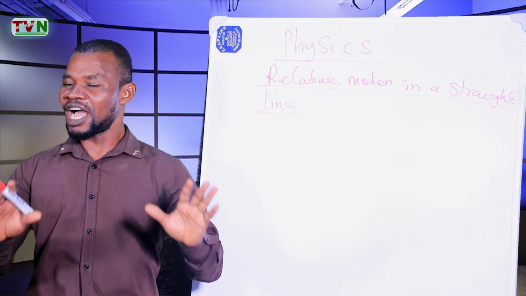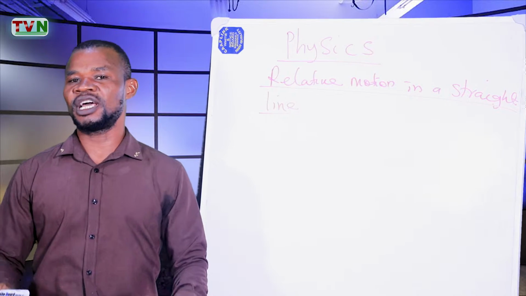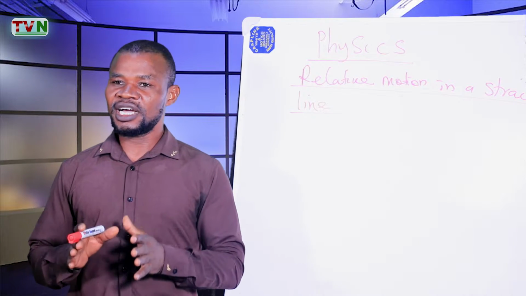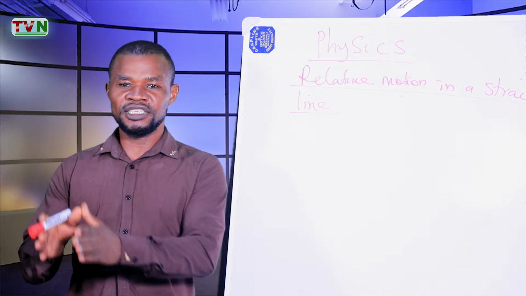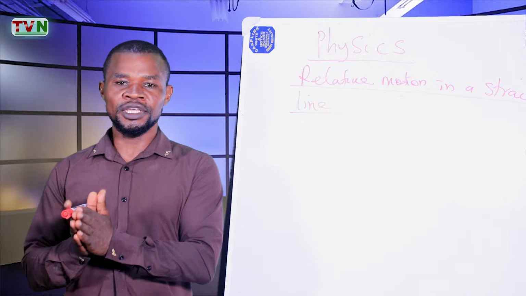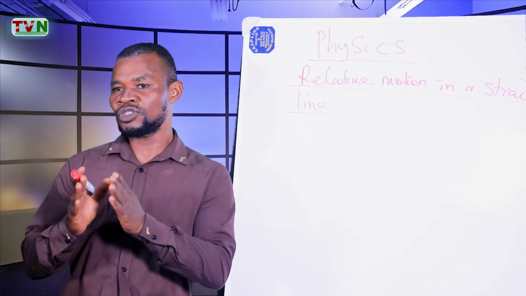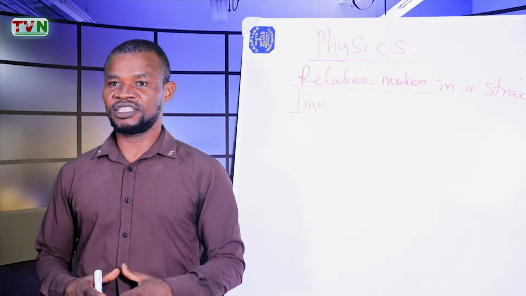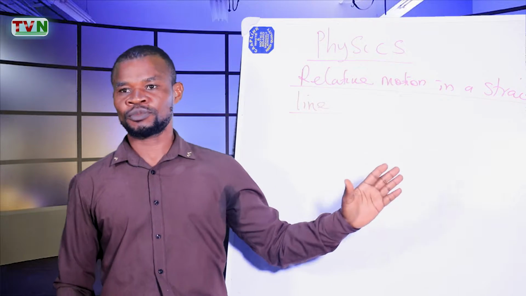But the motion has to be on a straight line. The two of them must be on a straight line. Either they are going in the same direction or they are going in opposite direction. So when you discuss such motion, we refer to it as relative motion.